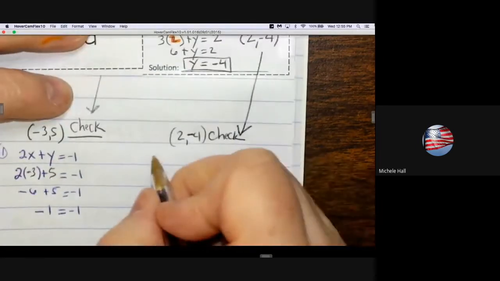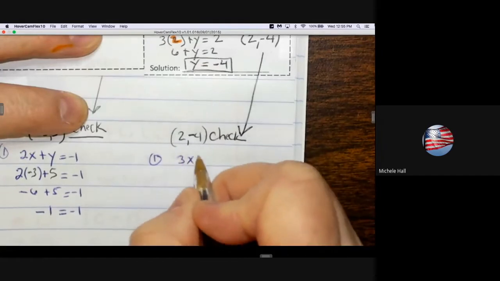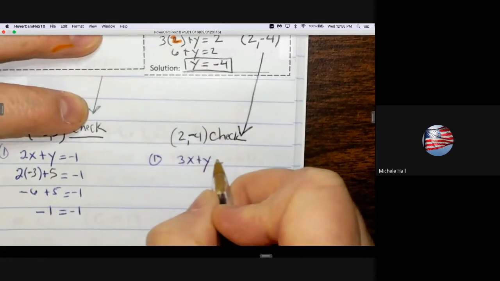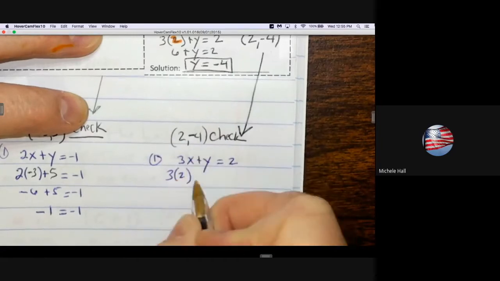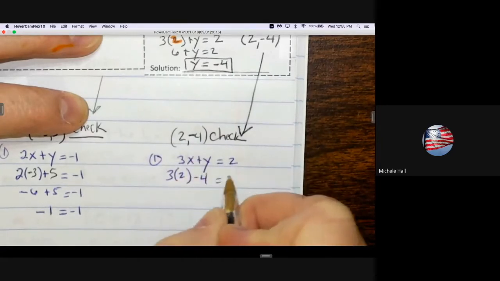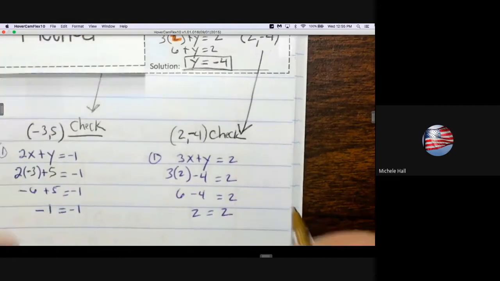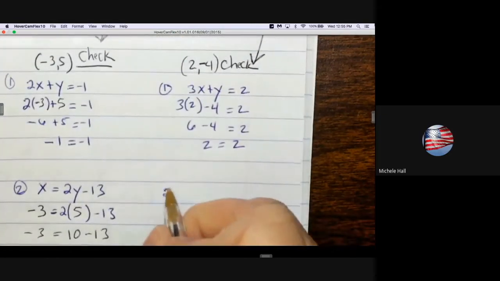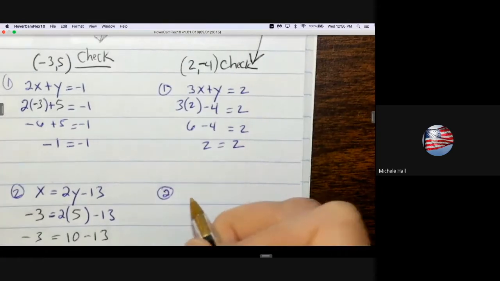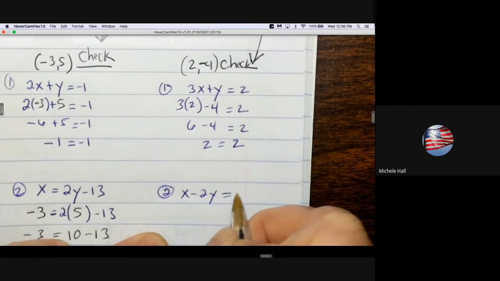My first equation is 3x plus y equals 2. 3 times 2 minus 4 for y. And we get 6 minus 4, and 2 equals 2. So that one works. Checking the second equation, x minus 2y equals 10.